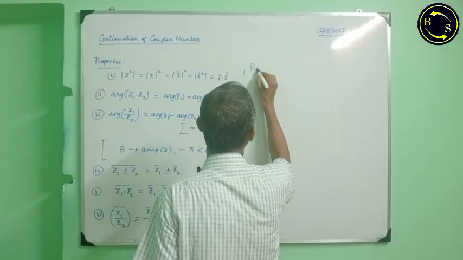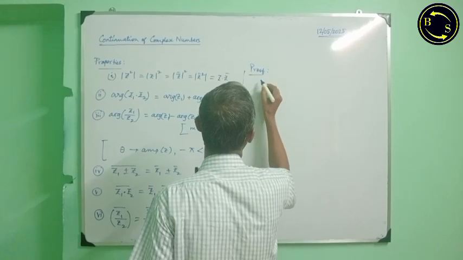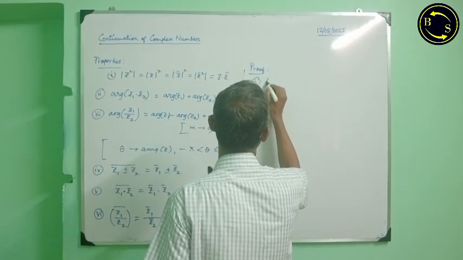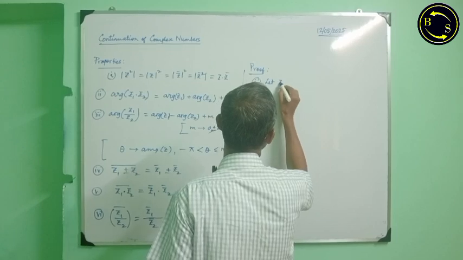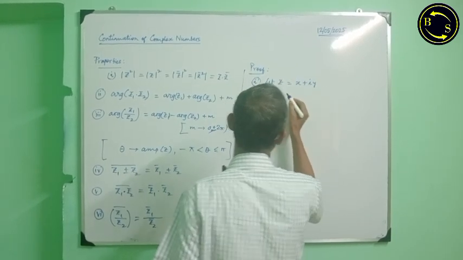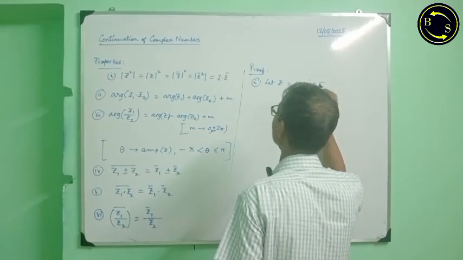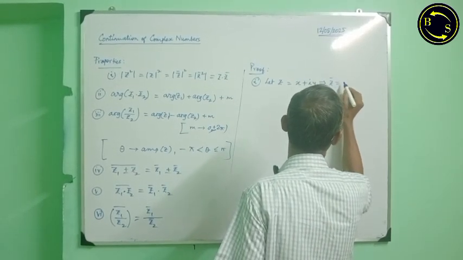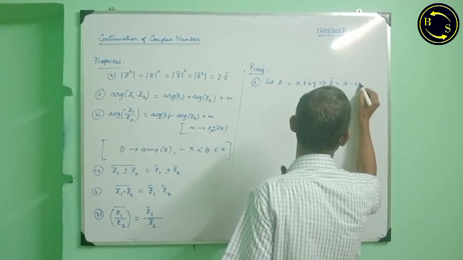Proof. Let z equal to x plus iy. Therefore, the conjugate will be x minus iy.